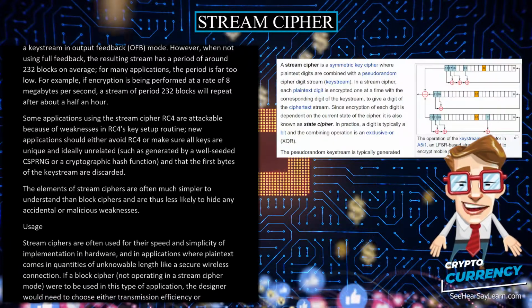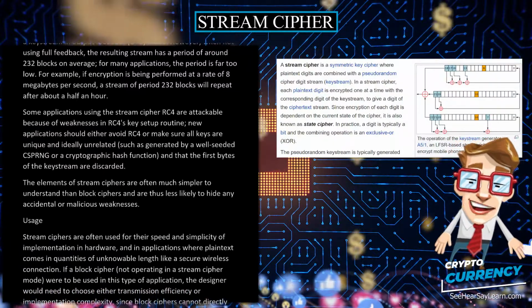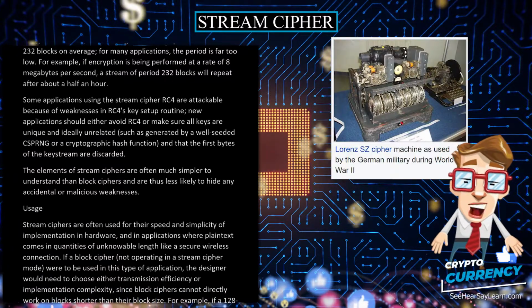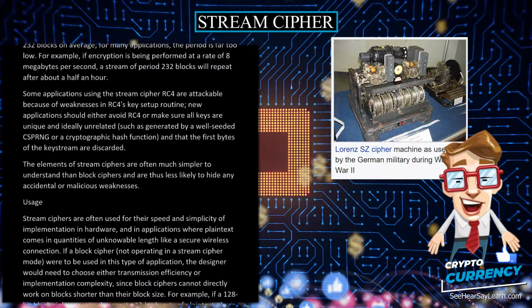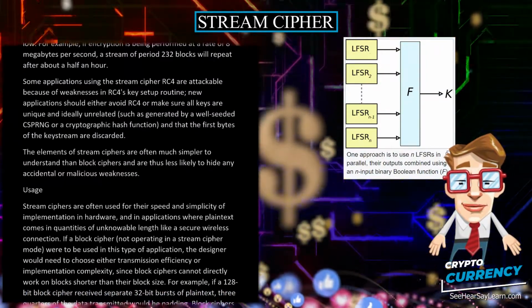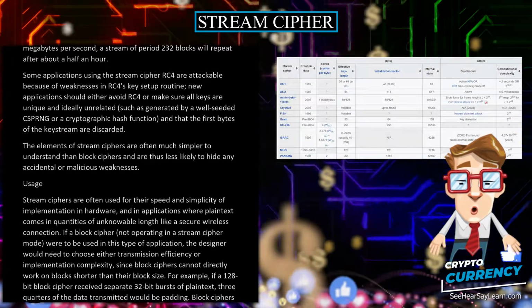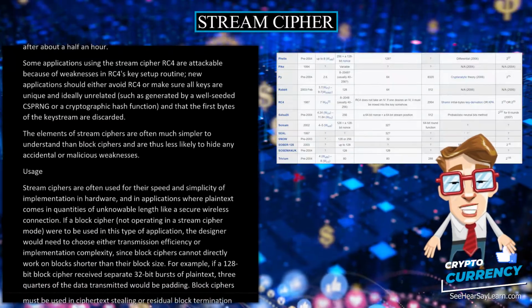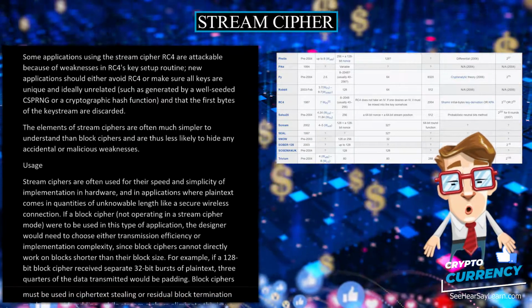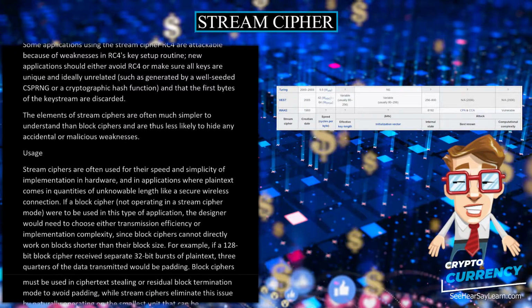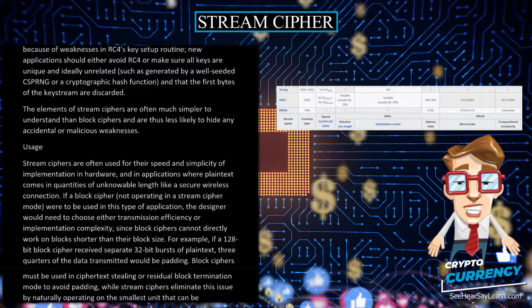Usage. Stream ciphers are often used for their speed and simplicity of implementation in hardware, and in applications where plaintext comes in quantities of unknowable length like a secure wireless connection. If a block cipher, not operating in a stream cipher mode, were to be used in this type of application, the designer would need to choose either transmission efficiency or implementation complexity, since block ciphers cannot directly work on blocks shorter than their block size.